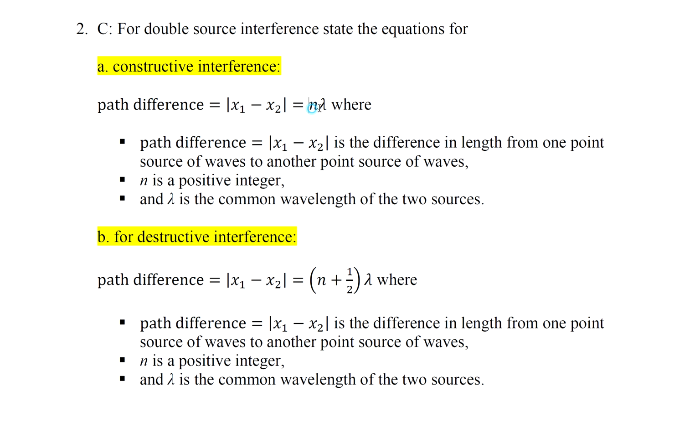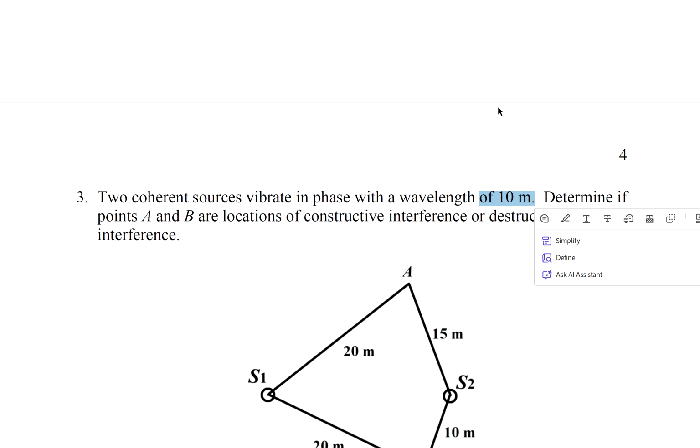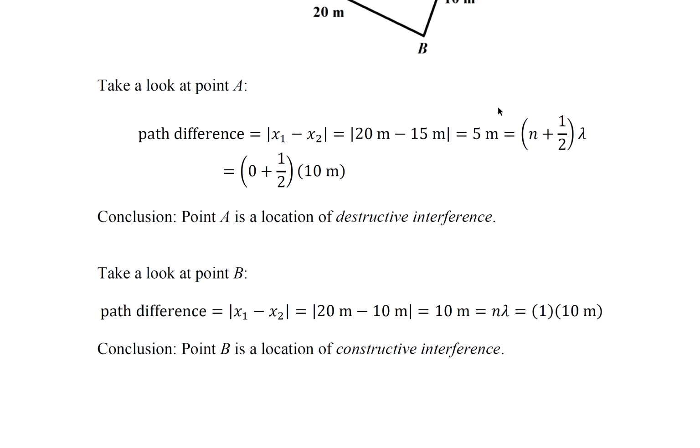So let's try n lambda. We know the wavelength is 10. So we'll let lambda be 10. If the left-hand side is 10 and the right-hand side is n times 10, n has to equal 1. So this is the equation for constructive interference.